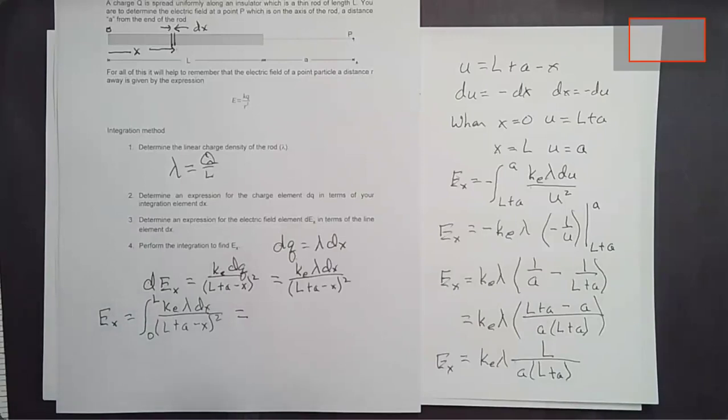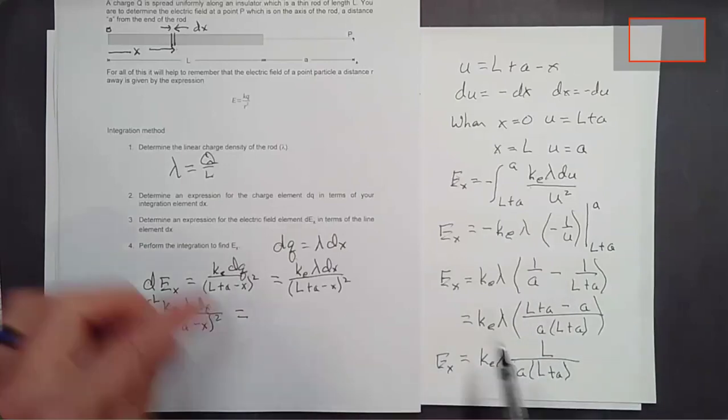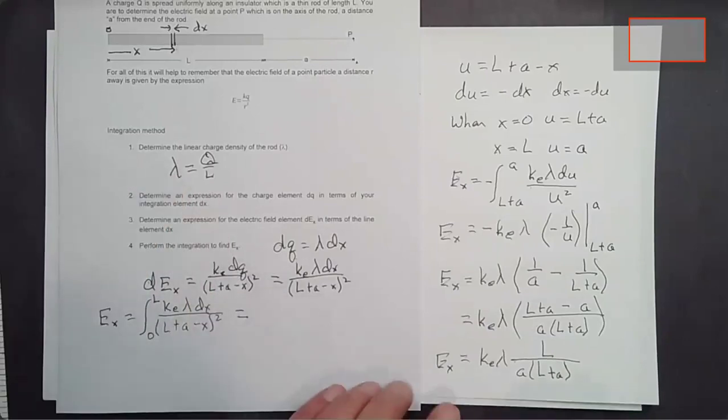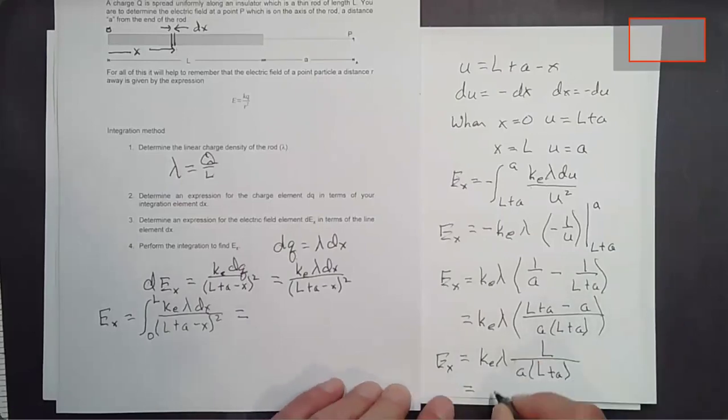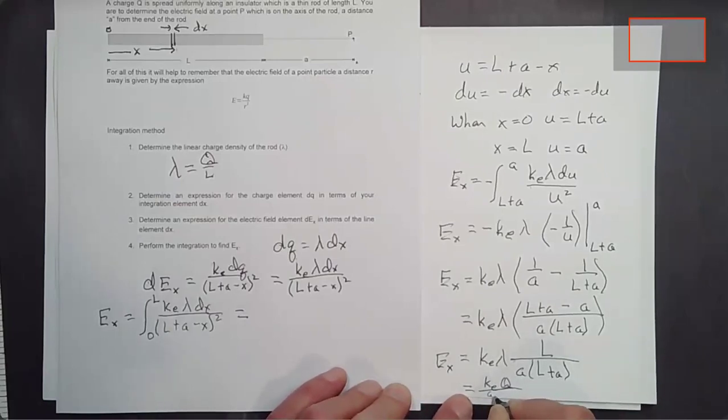Oh, and then finally you could replace lambda with Q over L, and you'd end up with K sub E capital Q, the L's would divide out, over A times (L plus A).